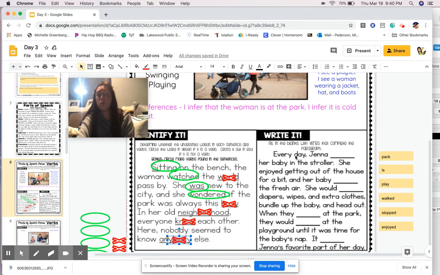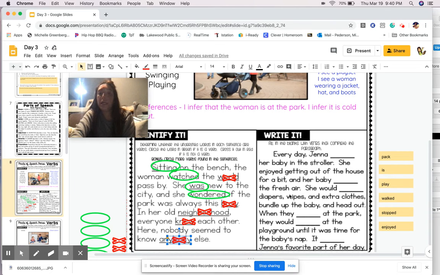Now, where it says write it, Miss Peterson gave you guys some words that you can use to fill in and make it a complete sentence. Every day, Jenna blank her baby in the stroller. She enjoyed getting out of the house for a bit and her baby blank the fresh air.